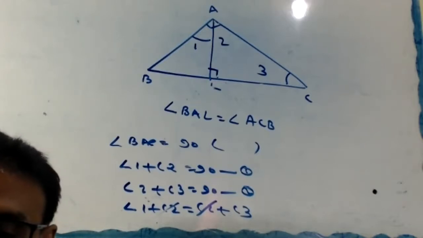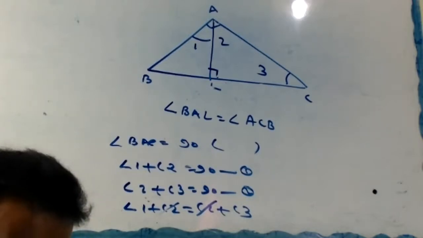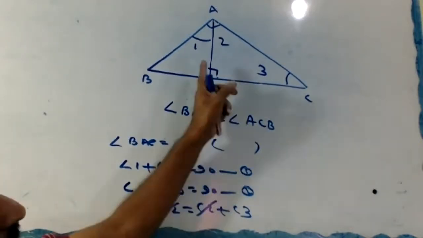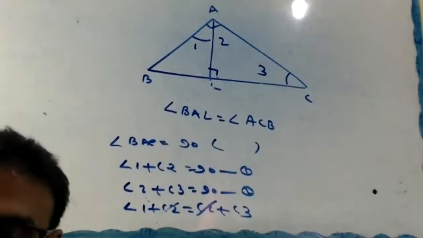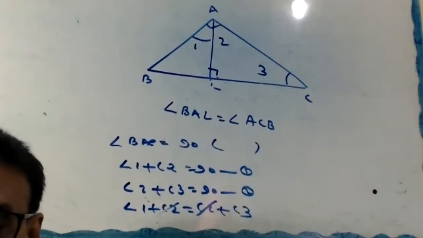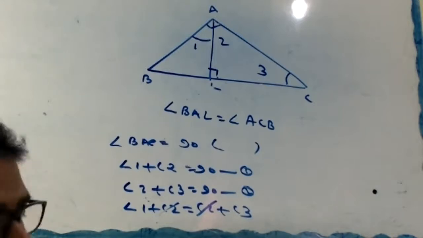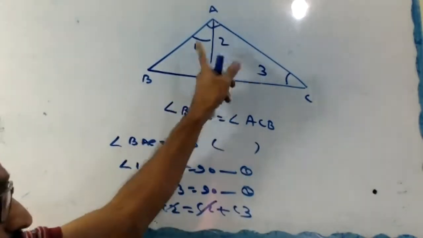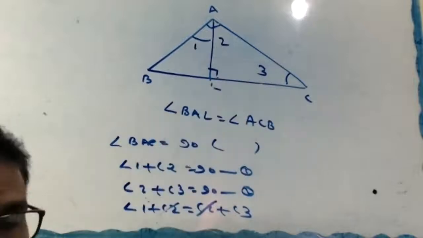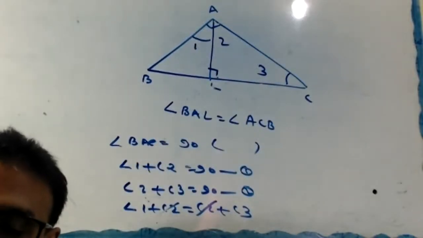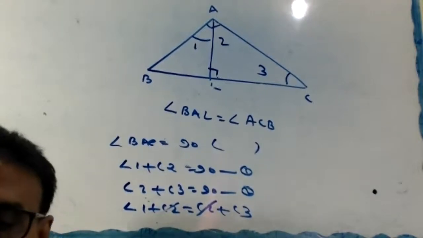Okay, you log in again. Listen here, Vidya. It's totally wrong. You said 1 equal to 2. How? 1 plus 2 is 90, agreed, but that does not mean 1 equals 2. It's not a bisector. If the question gives a bisector, you can apply it. Here it can be 20 and 70, 30 and 60, 50 and 40, 10 and 80, like that. It's totally wrong. Cancel it. Anyone doing any other method, send me and confirm it.